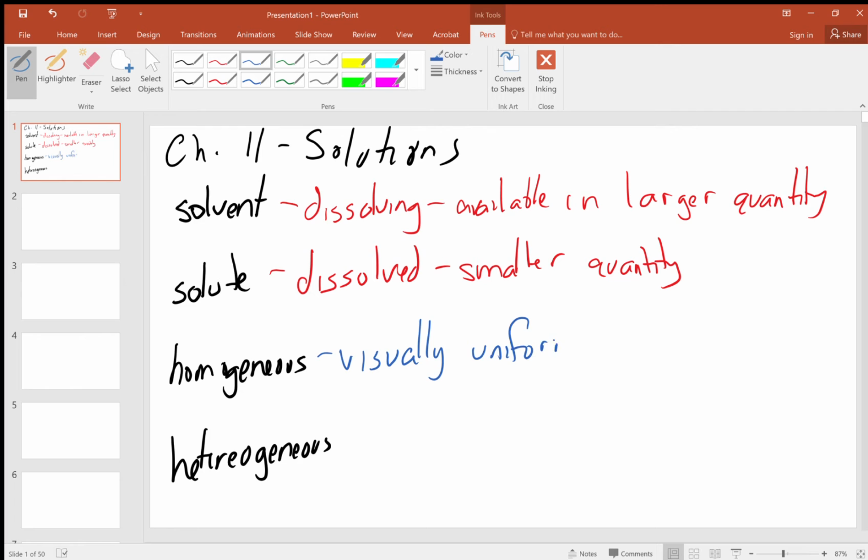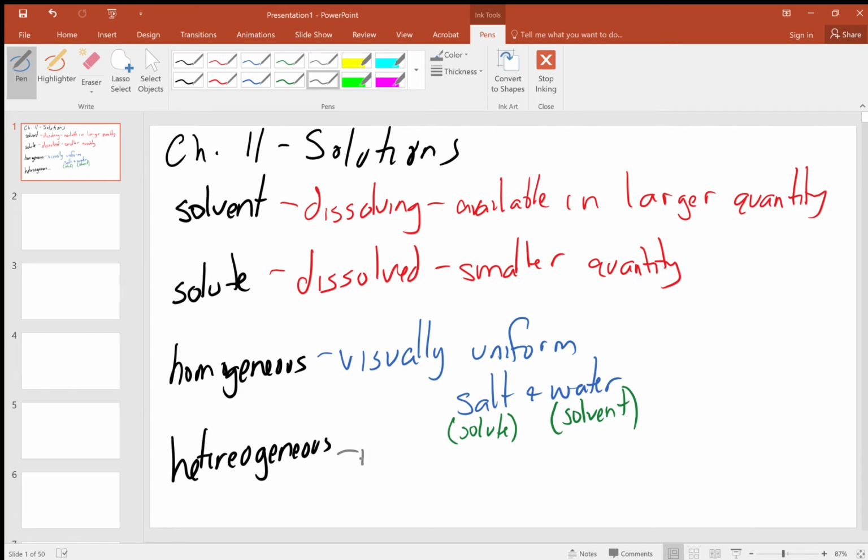It's what we might see if we mix salt and water together. The salt will dissolve in the water, which makes the salt the solute and the water the solvent. Once all the salt dissolves, we can no longer see any of the salt, so the mixture is completely uniform, and we would say that it is homogeneous.